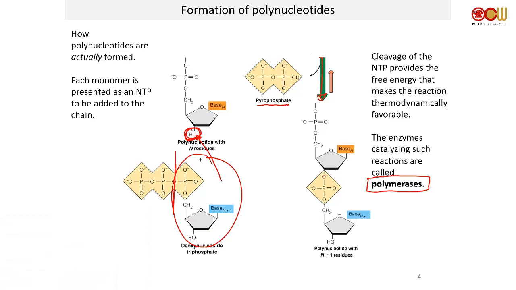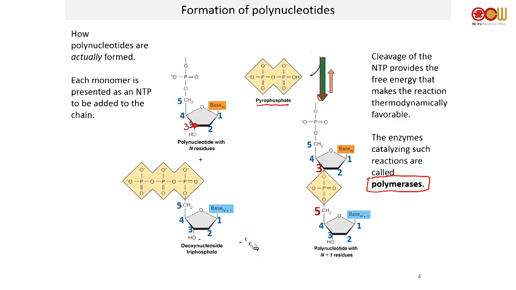Notice how we form a new bond for this 3' hydroxyl, the hydroxyl group on the 3' carbon, and you form a new bond between here. This one is a 5', and this one will be a 3', so you keep on doing 5' to 3' polymerization.